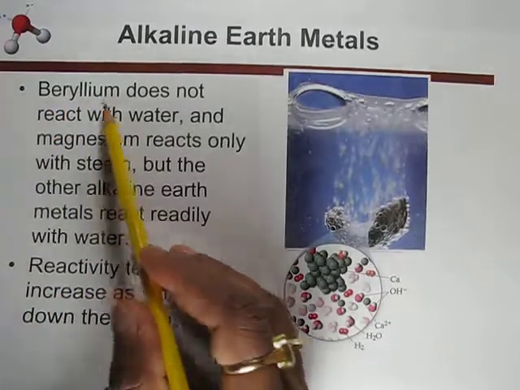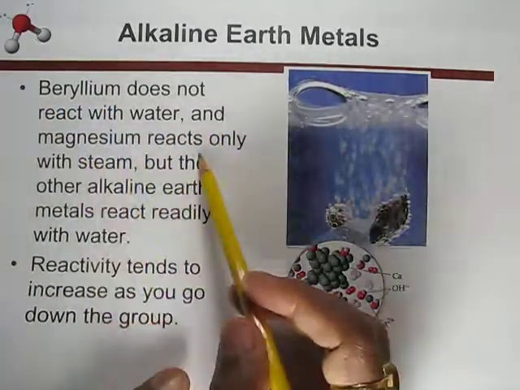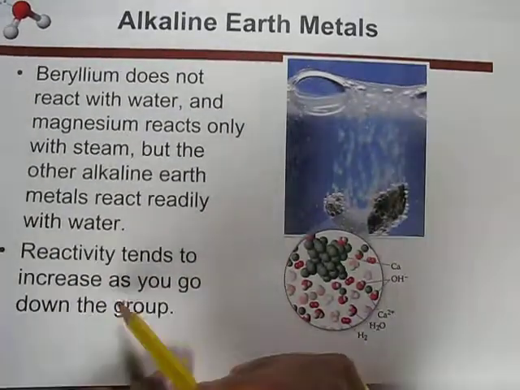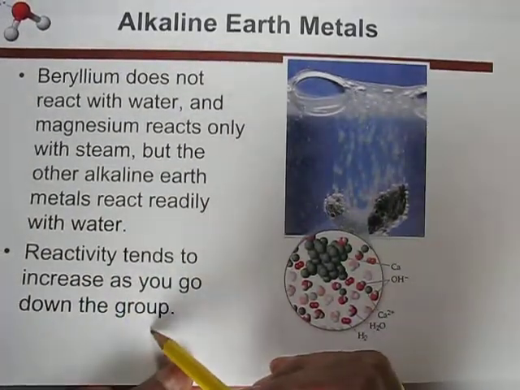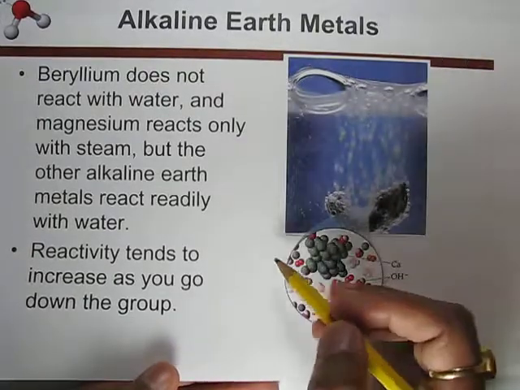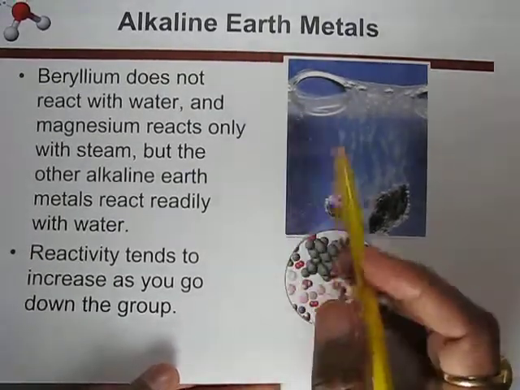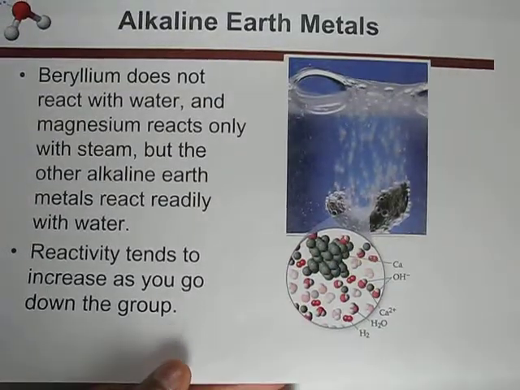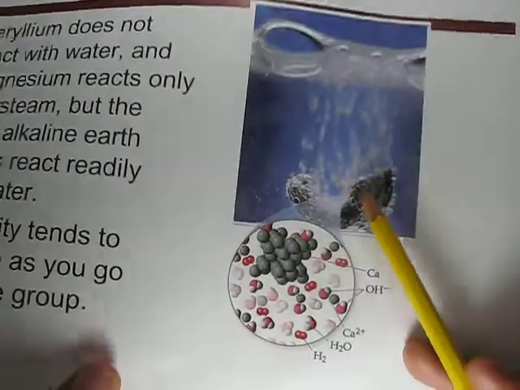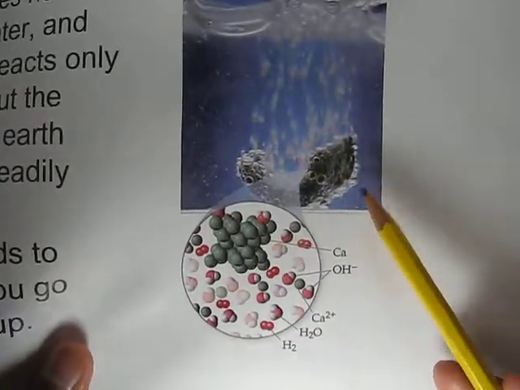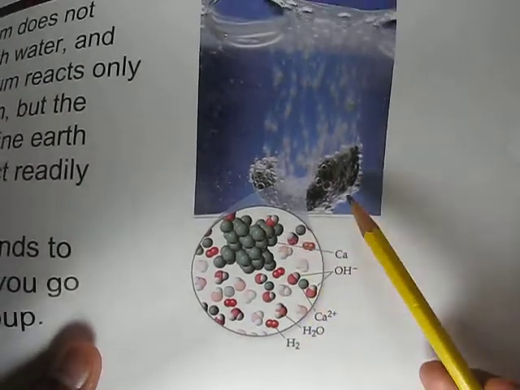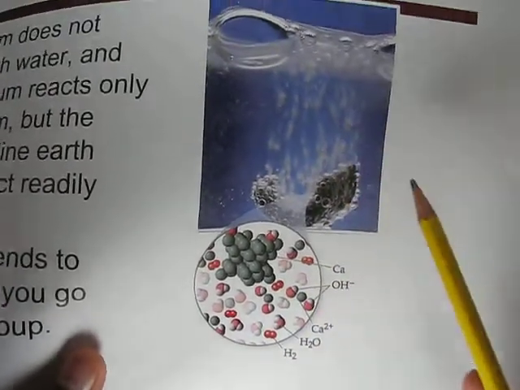Reactivity increases as you go down the group, so alkaline earth metal reactivity increases down the group. This shows calcium dissolving in water, forming calcium ion, slowly reacting with water.